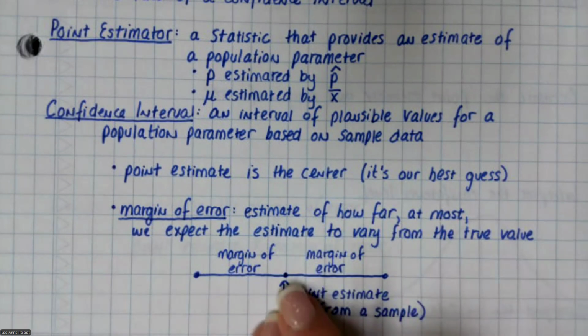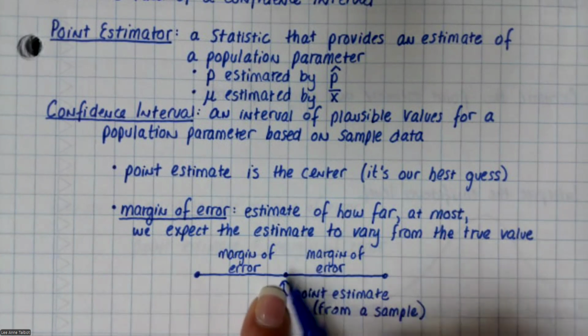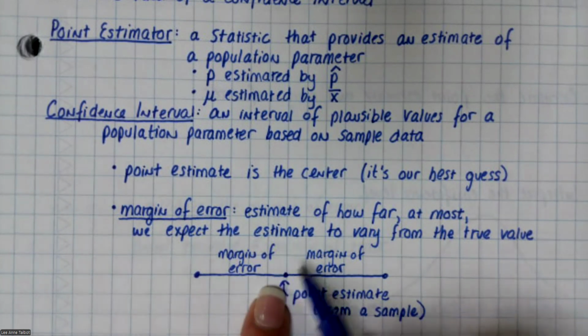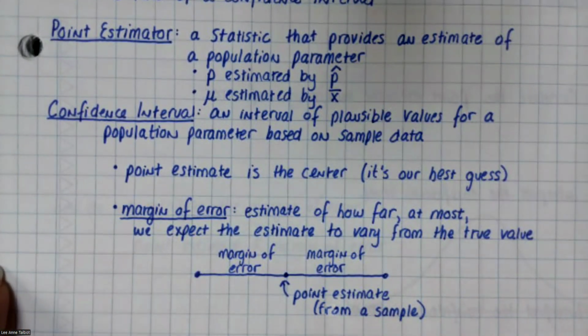And it has a symmetric margin of error on either side. So what you're saying is I get this from my sample, but I might be wrong all the way to here, and I might be wrong all the way to here. And the more confident you are, the wider this needs to become.